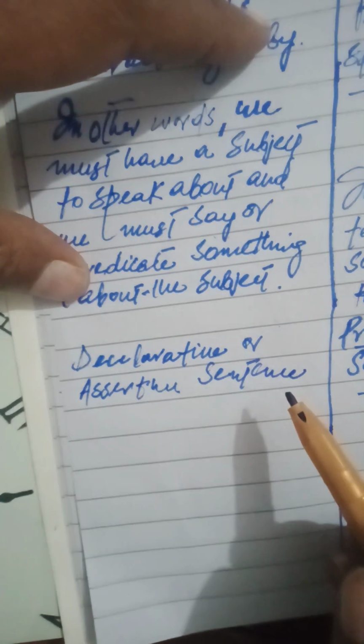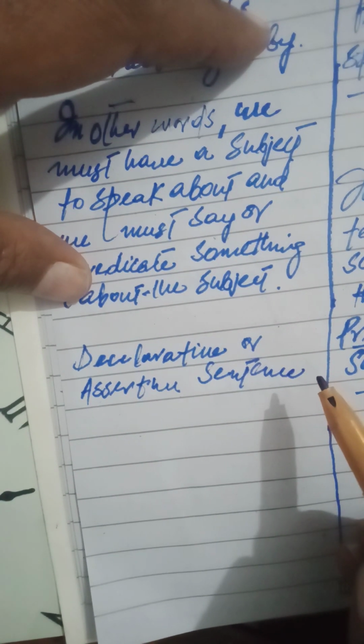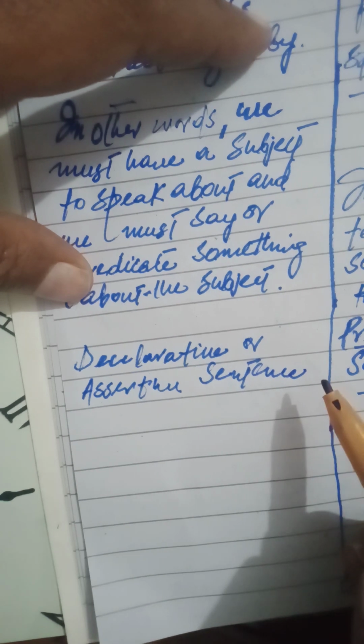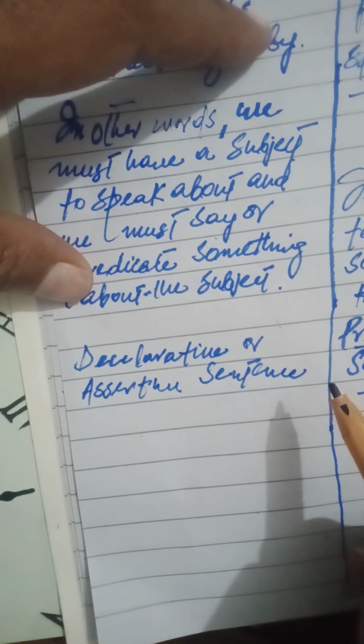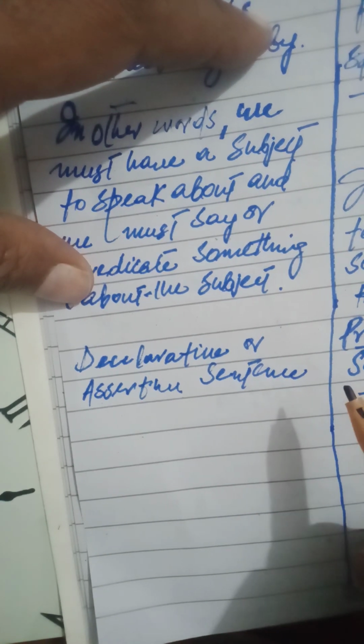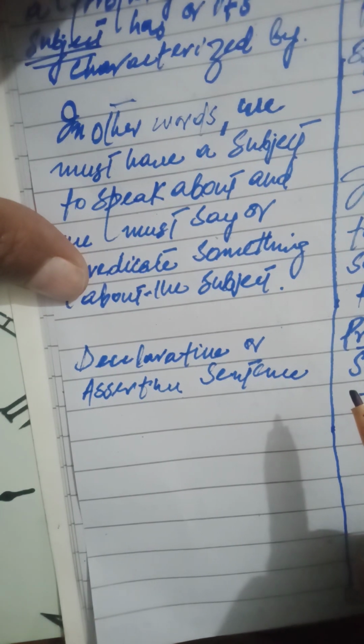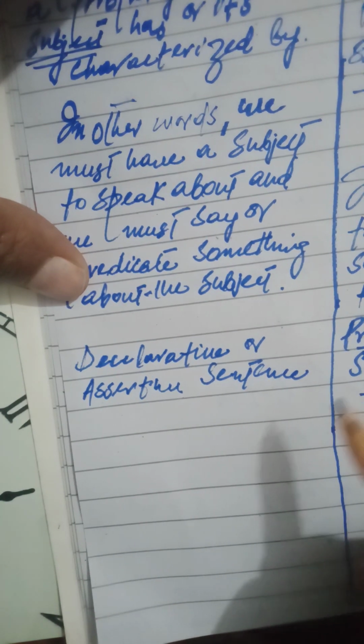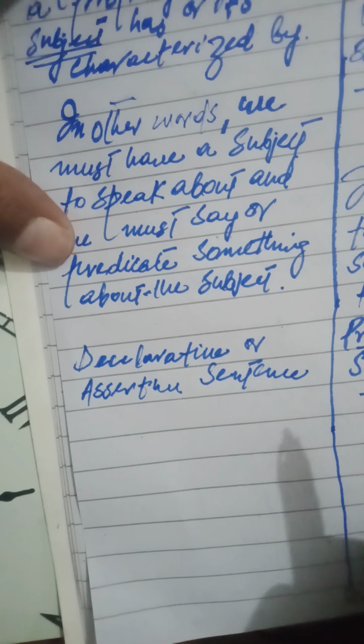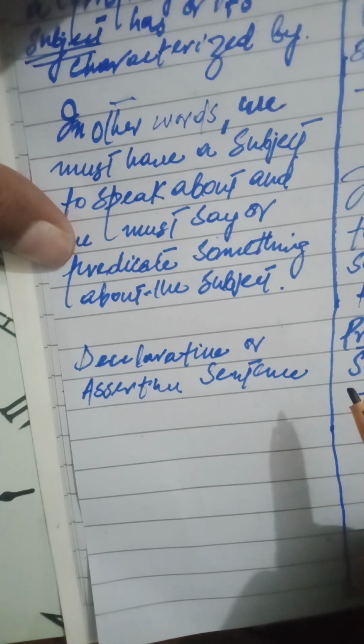So each sentence has a subject as well, and that subject has an action or is characterized as a property, which is called the predicate.